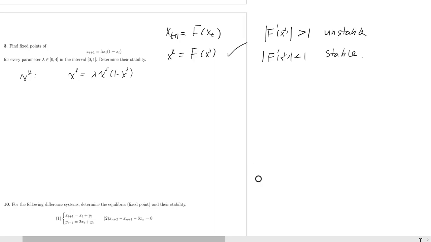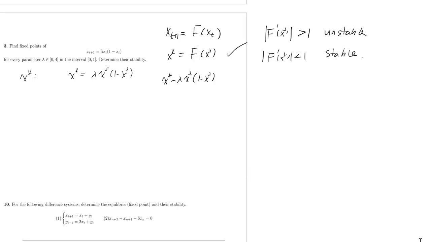You cannot say we're going to divide x star on both sides. You can factor things out. So you have x star minus lambda x star times 1 minus x star is equal to 0. And then you can factor x star out, and you have x star times 1 minus lambda times 1 minus x star equal to 0. So you have two solutions. X star is equal to 0.